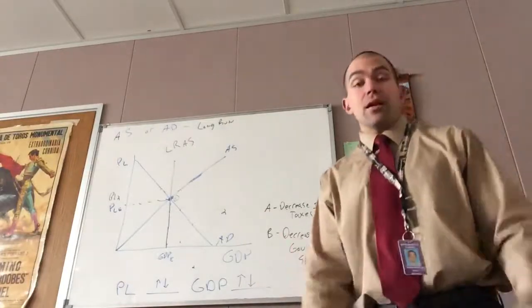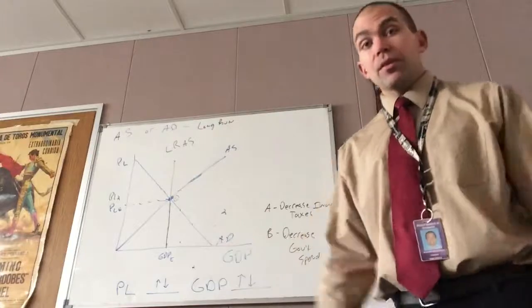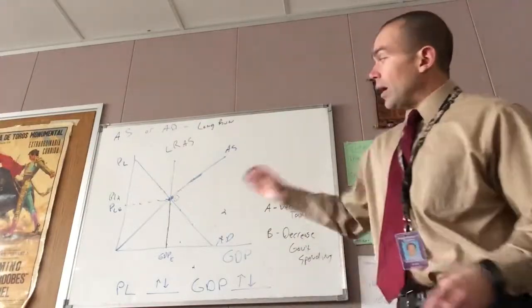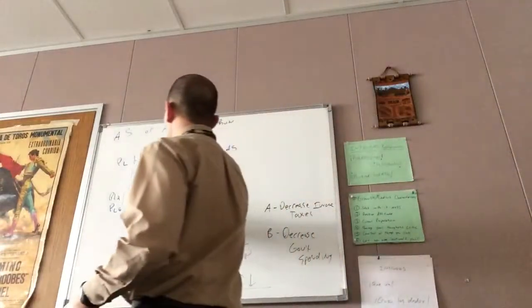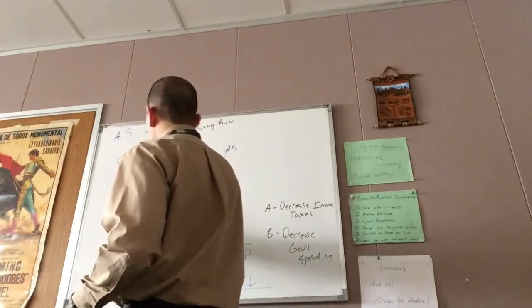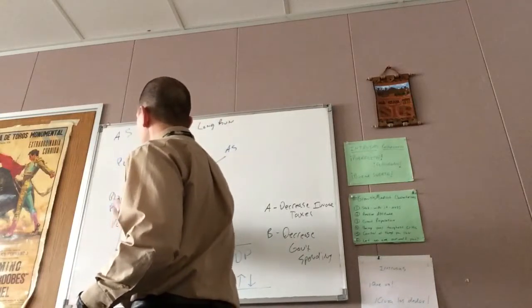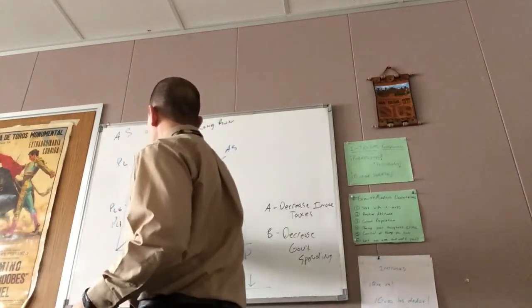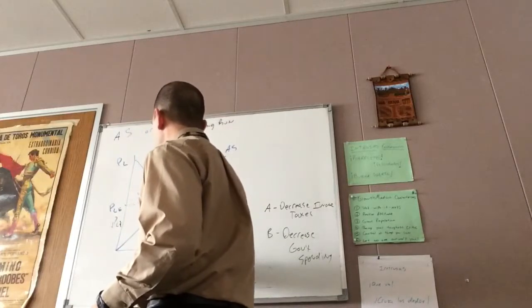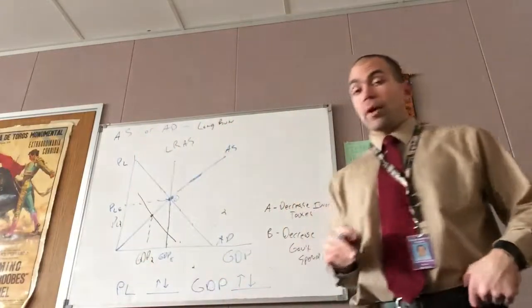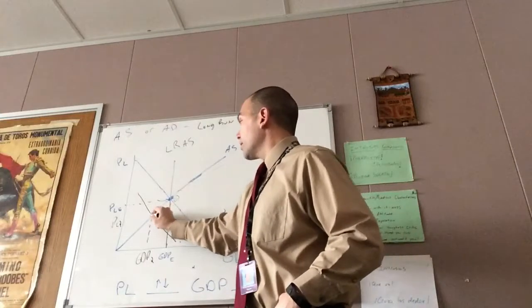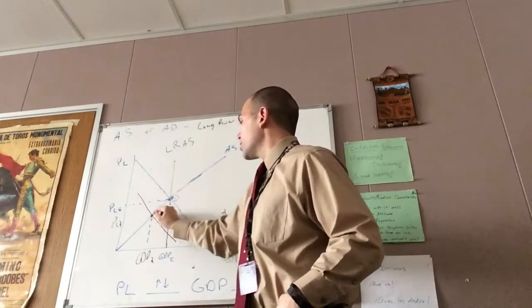So that's going to shift aggregate demand to the left. Let's say it's significant enough to shift it. Aggregate demand shifts to the left, putting us right here, price level 2 and GDP 2. That's going to shift us right here. So this one was 1, now this one's 2.